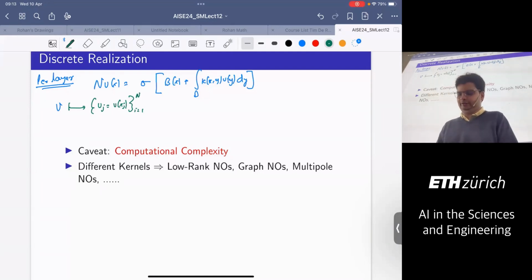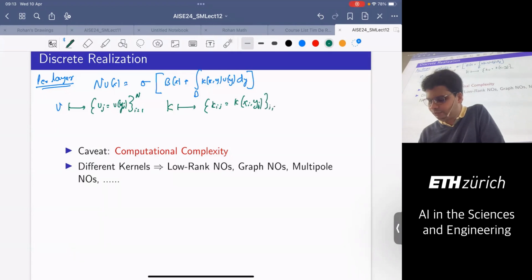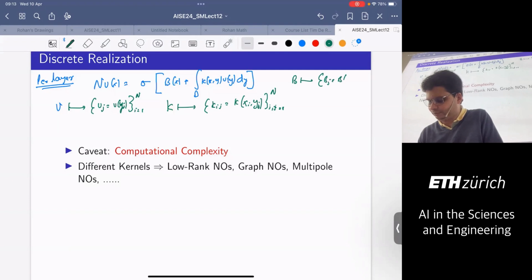So these are the values. Similarly, K, the kernel, which is a two-dimensional function, will be approximated by Kij, which is K of Xi, Yj, and now i and j are from 1 to N. Similarly for B: B of X is going to be approximated by Bj, which is B of Xj.